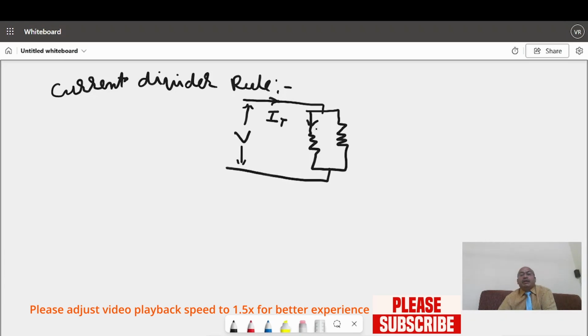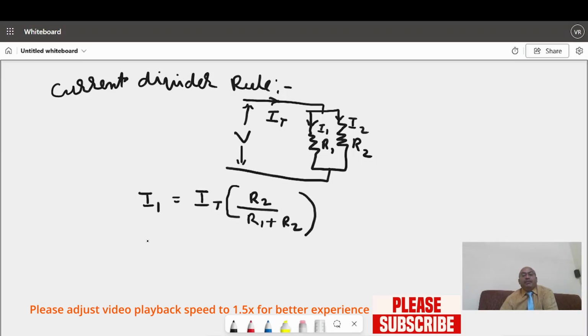The current flowing in one branch is I1, in the other branch is I2, because this is R2 and this is R1. If we want to find I1, it is the total current into the opposite resistance: R2 by R1 plus R2. If you want to know I2, it is I total into R1 by R1 plus R2. Like that you have to calculate. This is called the current division rule.